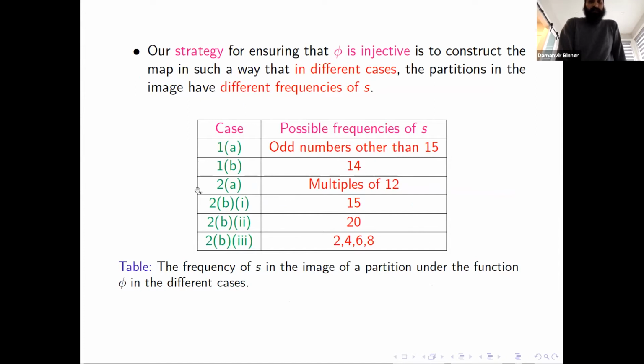So for example, suppose we have a partition pi1 in case 2a and a partition pi2 in case 2b2. Then their images will be different, because for the image of pi1, the frequency will be a multiple of 12, whereas the frequency of s in the image of pi2 will be 20. So they are going to be different, and we get that the map phi is injective as long as it is injective within each case.